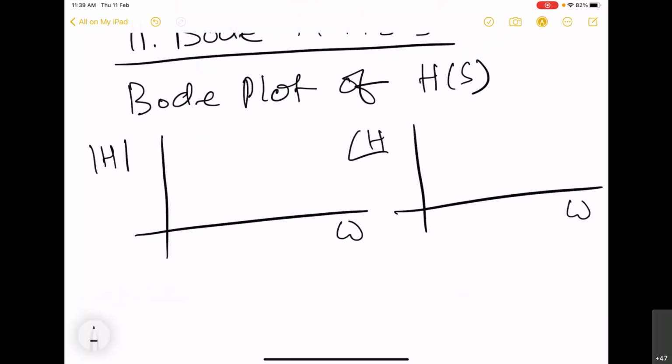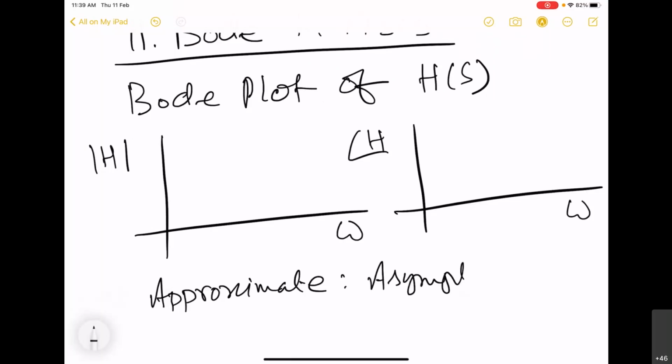And this Bode plot is approximate, and actually it is an asymptotic plot.